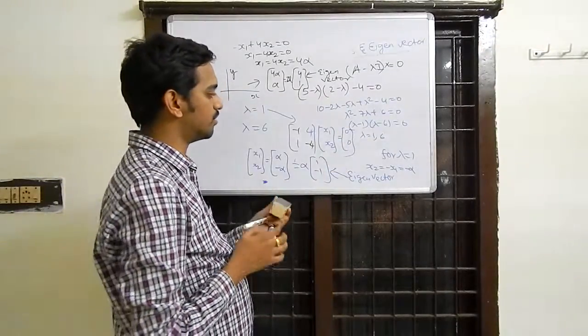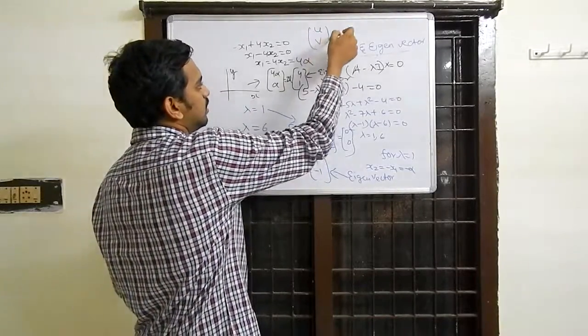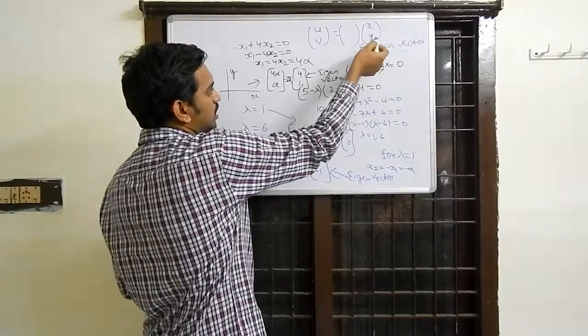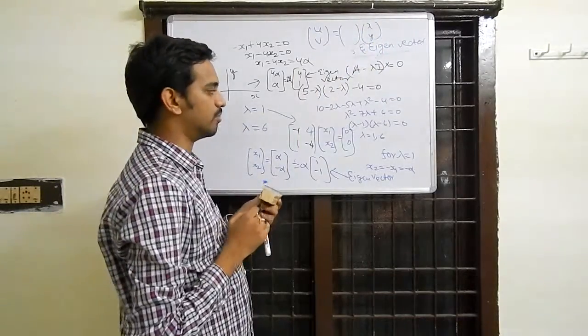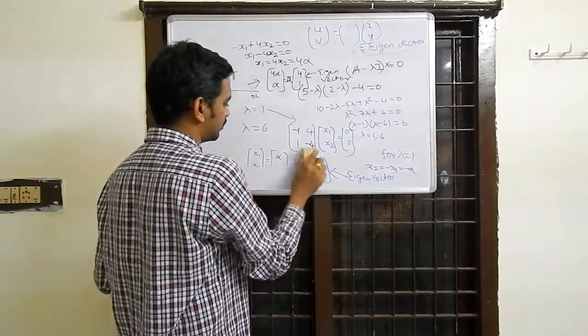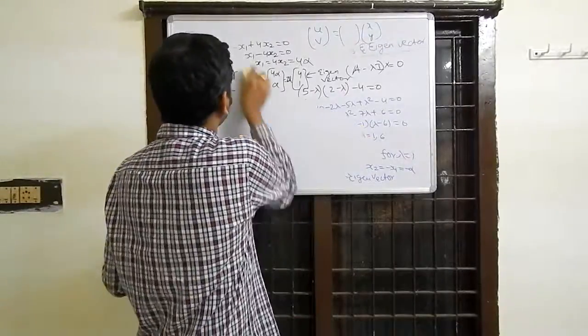The x and y domain is changed to the u and v domain. The same way, you are writing u v is equal to some matrix A times x y. So you are changing the x and y domain to the u and v domain. We are finding the values. That is the application for that particular value.